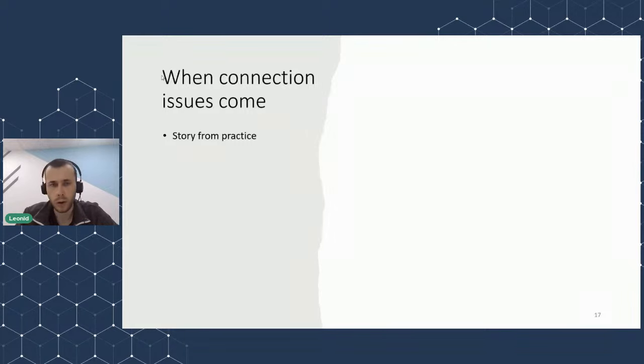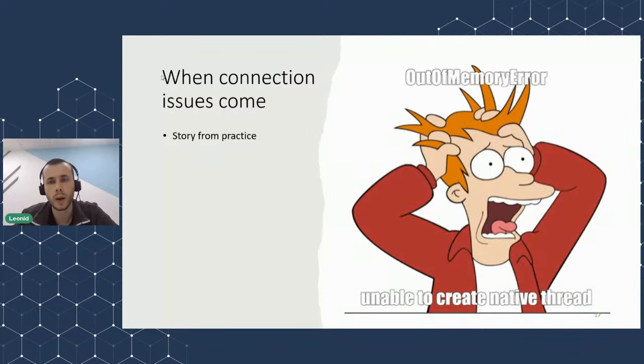And for all the highly loaded services, we saw this very error, an out of memory error, which is very misleading from my point of view, because it's named out of memory error, but the real reason is unable to create native thread. So all the JVMs ran out of free threads.